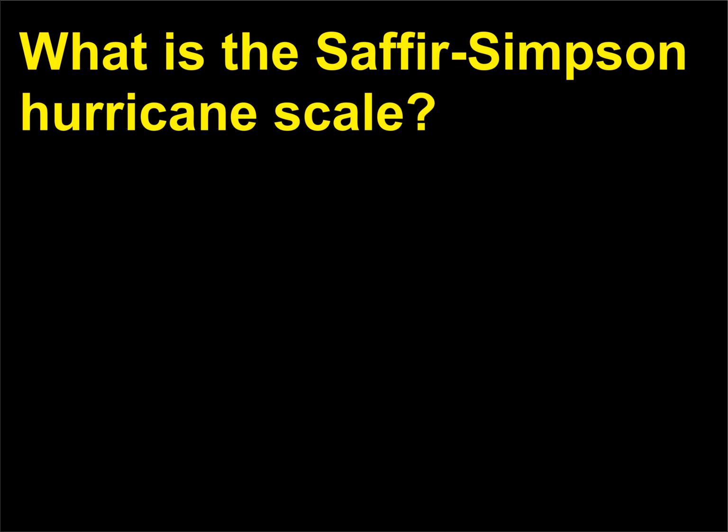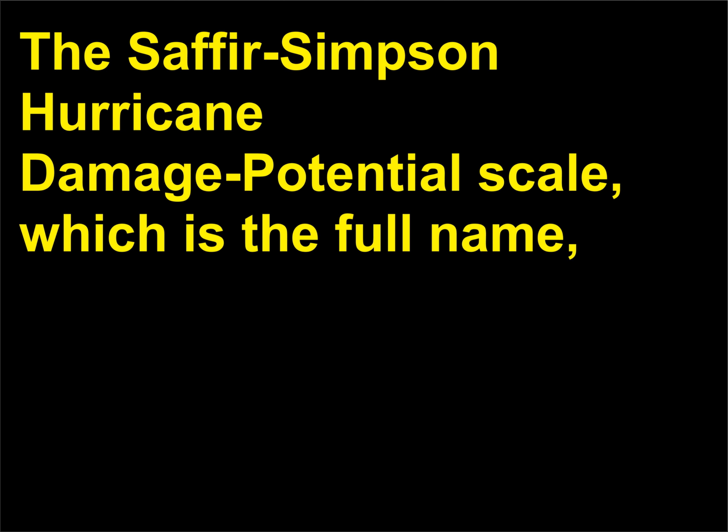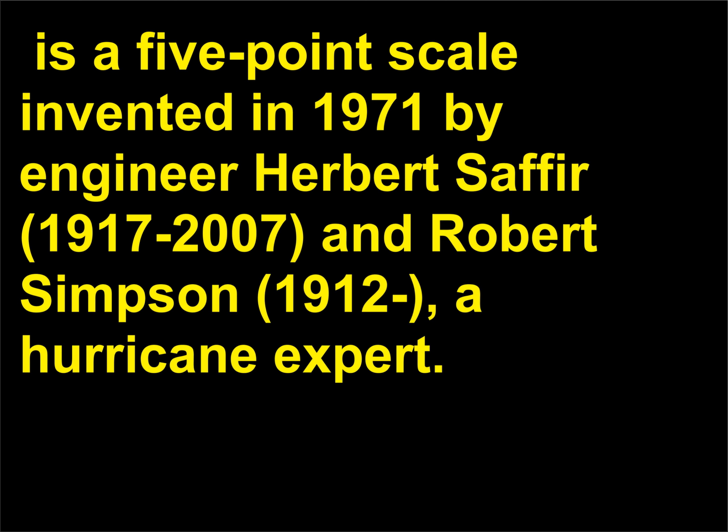What is the Saffir-Simpson hurricane scale? The Saffir-Simpson Hurricane Damage Potential Scale, which is the full name, is a 5-point scale invented in 1971 by engineer Herbert Saffir, 1917 to 2007, and Robert Simpson, 1912, a hurricane expert.